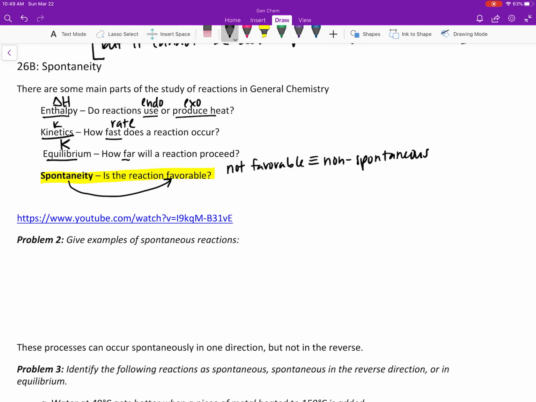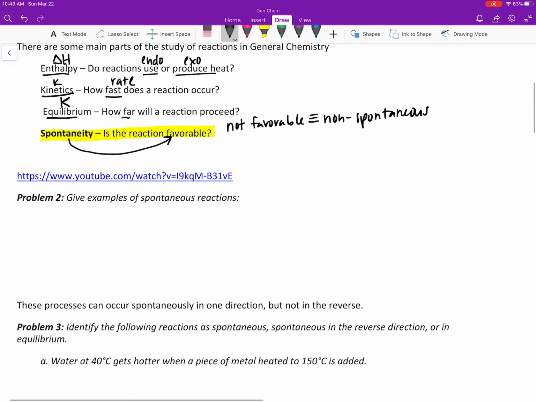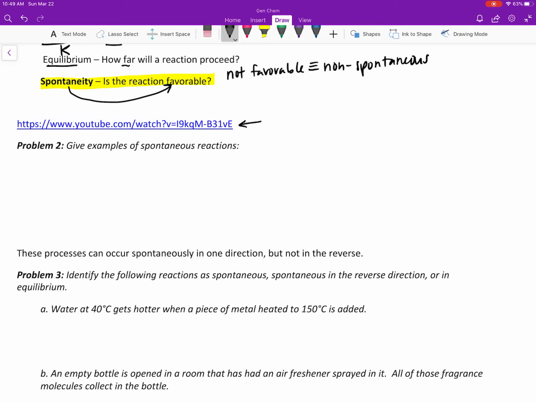That is not a spontaneous process. We're going to talk about some examples of spontaneous reactions. An example of a spontaneous reaction would be mixing baking soda, which is a base, and vinegar.